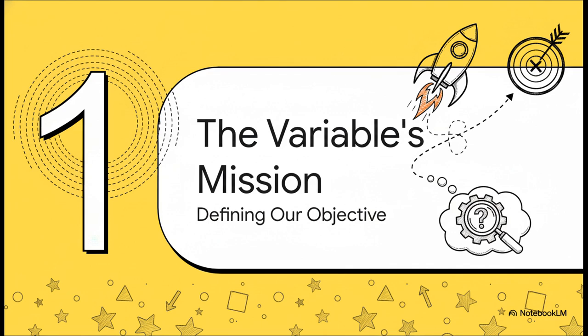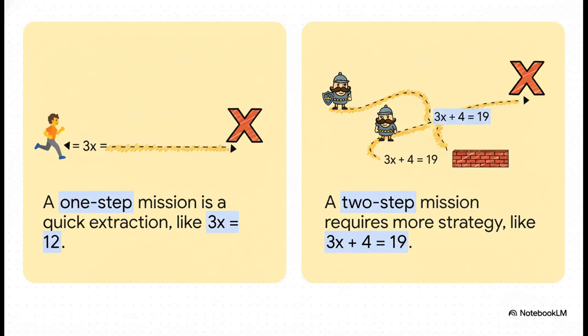Okay, first up, the variable's mission. See, every good mission needs a crystal clear objective. Before we do anything, we have to know exactly what we're trying to achieve to get our variable out of there. Now, some missions are simple. A one-step equation, something like 3x equals 12, that's a quick extraction. Easy in, easy out. But today, we're on a two-step mission, something more like 3x plus 4 equals 19.